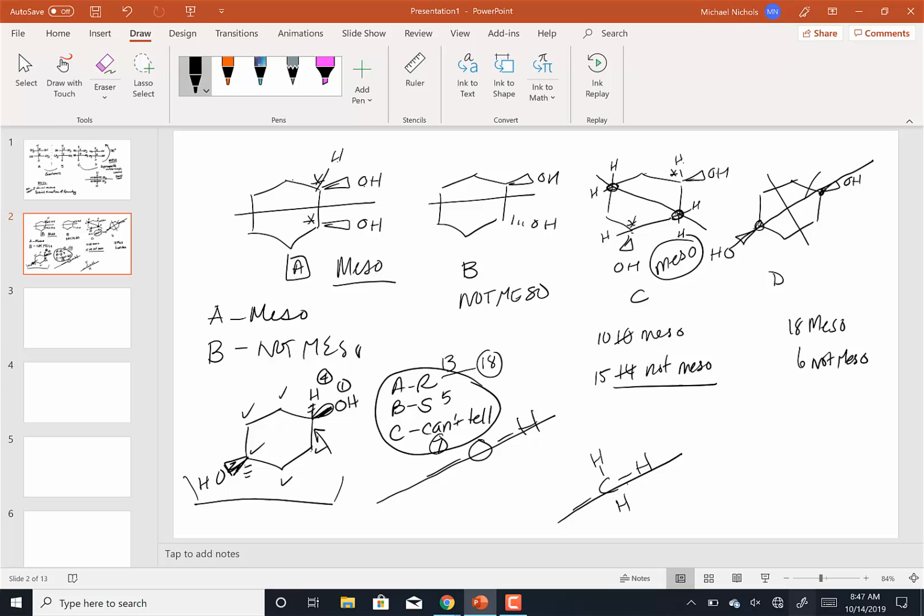But how would I tell somebody the relationship of the two OHs? What would I say about that cyclohexane? I would say it's cis. It's cis.